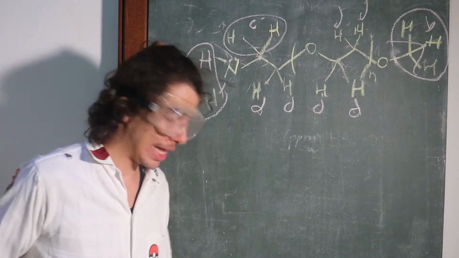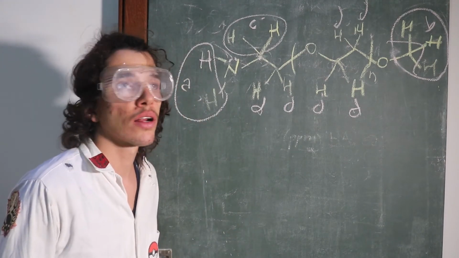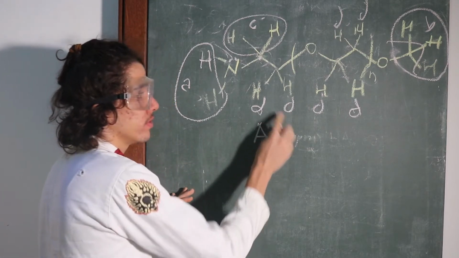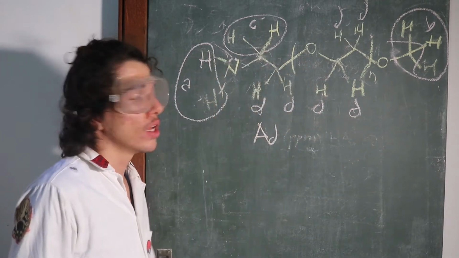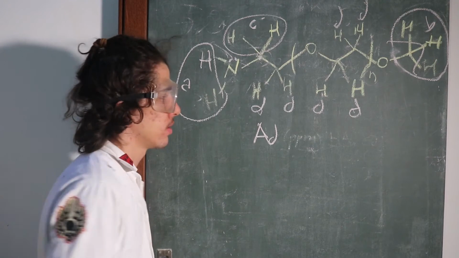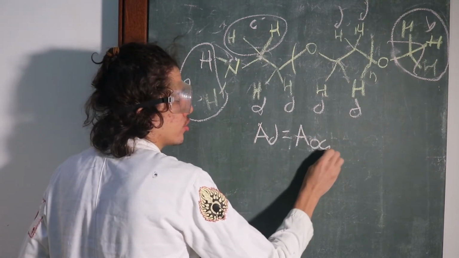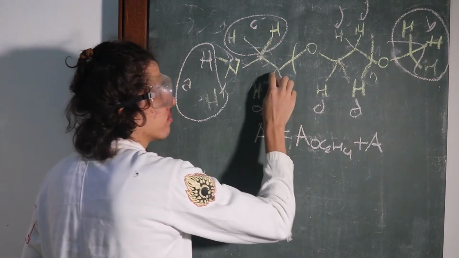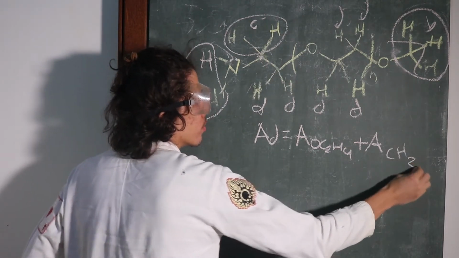First of all, let's think. The area of all the hydrogens is equal to the area of A(OC2H4) plus the area of this CH2, okay?